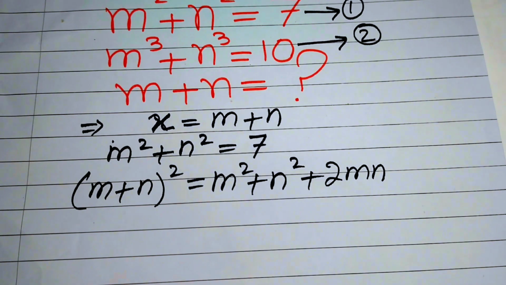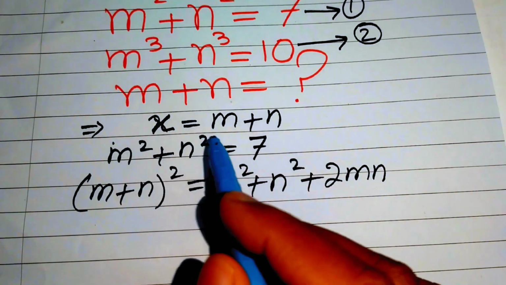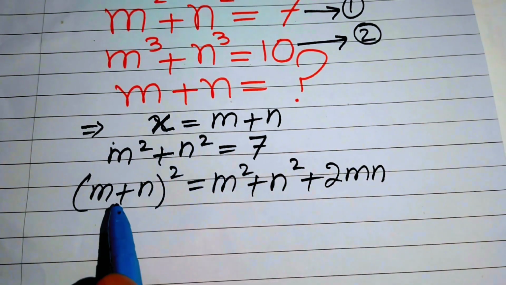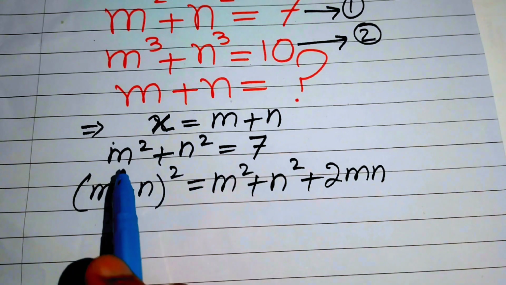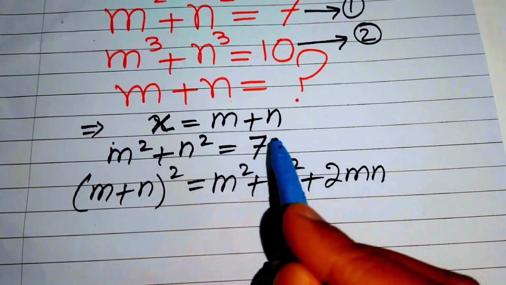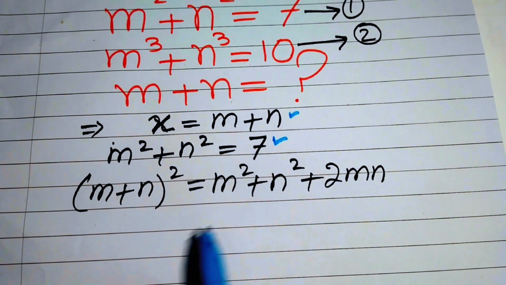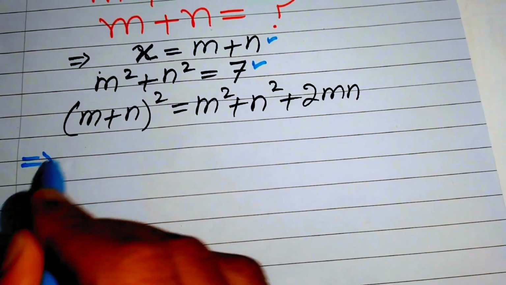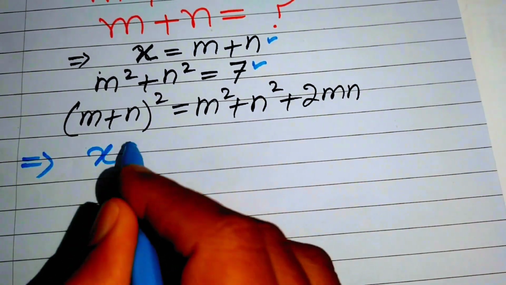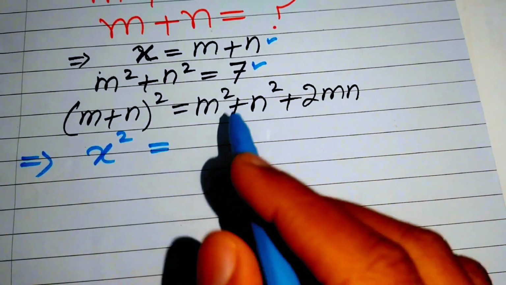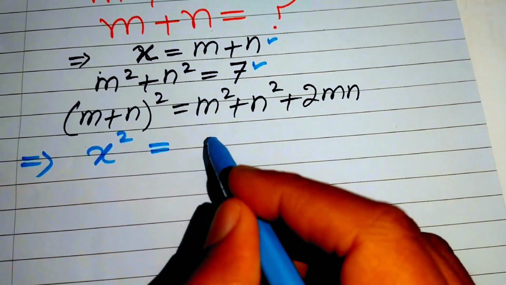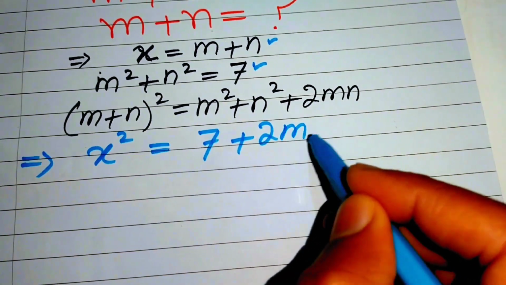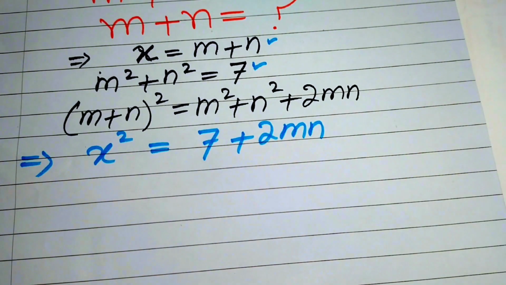And now we suppose that m plus n equals small x, and we substitute it, and we have the value of m square plus n square is 7. So we put these two values in this equation, and m plus n equals x, it becomes x square equals 7 plus 2 times m multiplied by n.